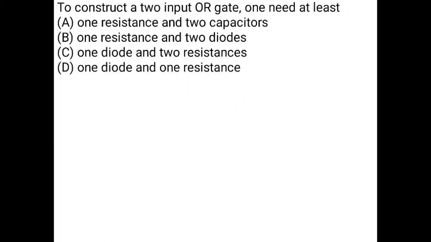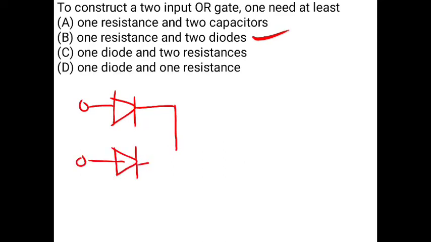Okay, next question. To construct a 2-input OR gate, one needs at least, option B is correct, 1 resistance and 2 diodes. We can construct a 2-input OR gate as follows: this is diode 1 and this is diode 2.